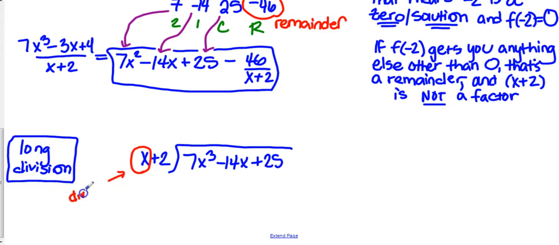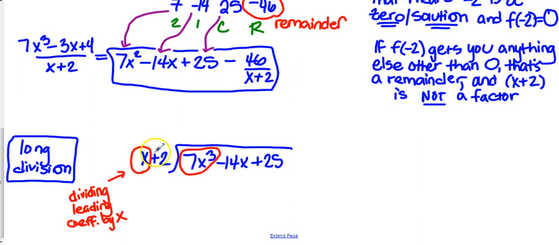We start off by dividing the leading coefficient by x. So you have two ways of looking at that. You can say x times what gets me 7x cubed, or 7x cubed divided by x.